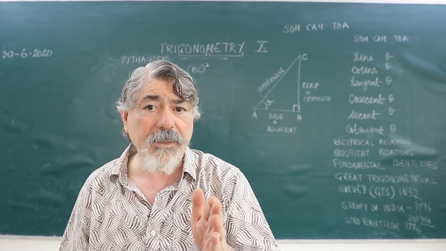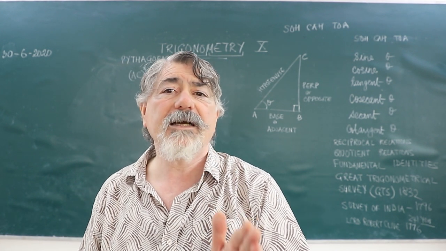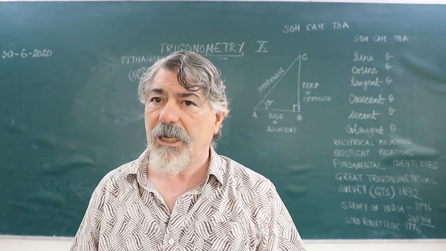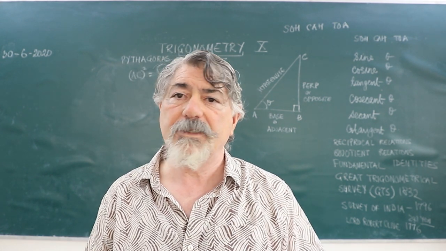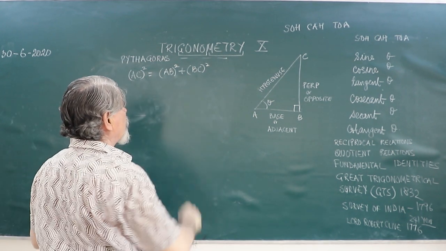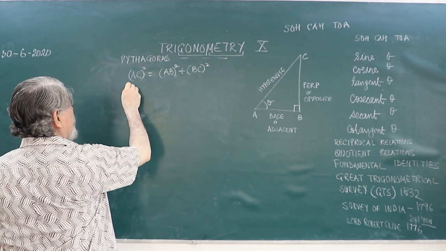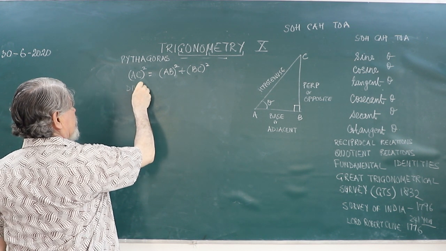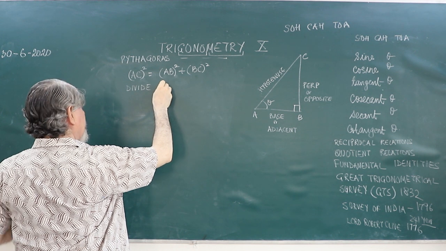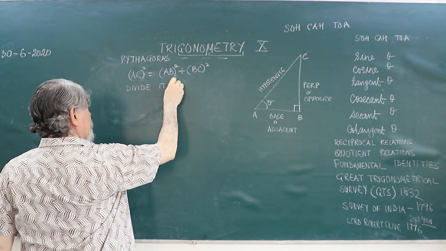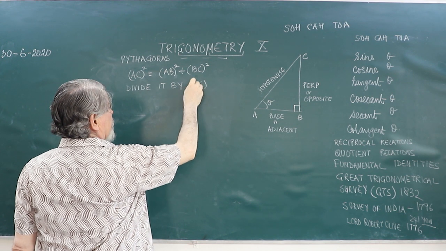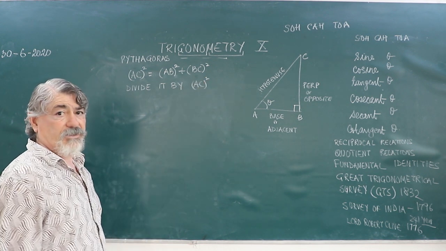And from that, I'll get three basic identities which we will be using throughout our study of this chapter. Now, if I divide the equation by AC square, let me divide it by AC square.